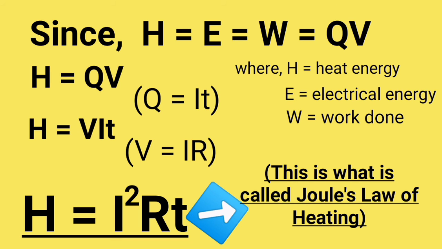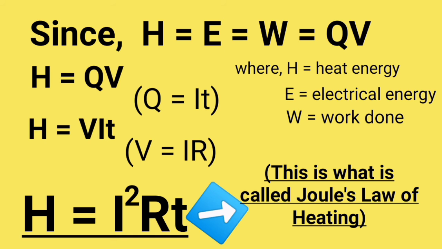So finally we can write H is equal to QV, and again we will replace Q by IT, as you know that electric current I is equal to Q upon T, so Q is equal to IT. When we put the value of Q, we get H is equal to VIT.